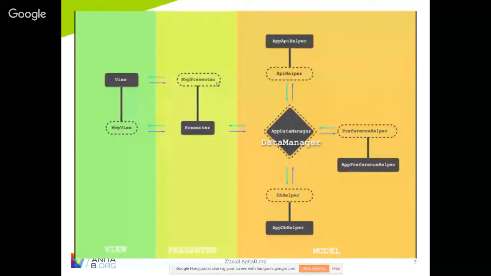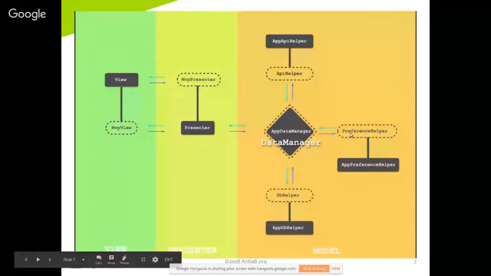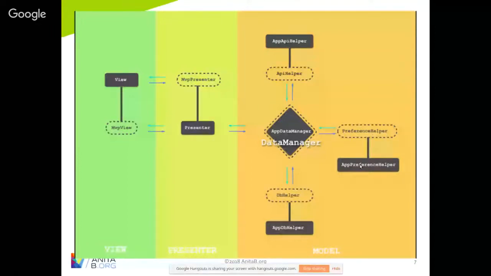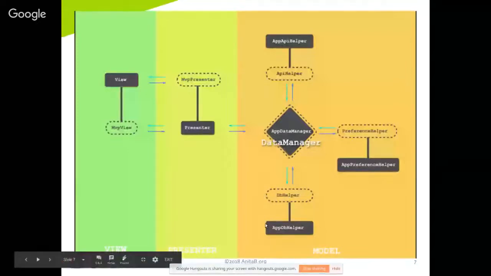In the model part, there are types of models. One is preferences, where I will list all my functions inside the preference helper, and my app preference helper will implement it. Same goes for DB helpers, where I will have my SQLite database, and it will be implemented by AppDB helper, and API helper and app API helper will be used for the network parts.